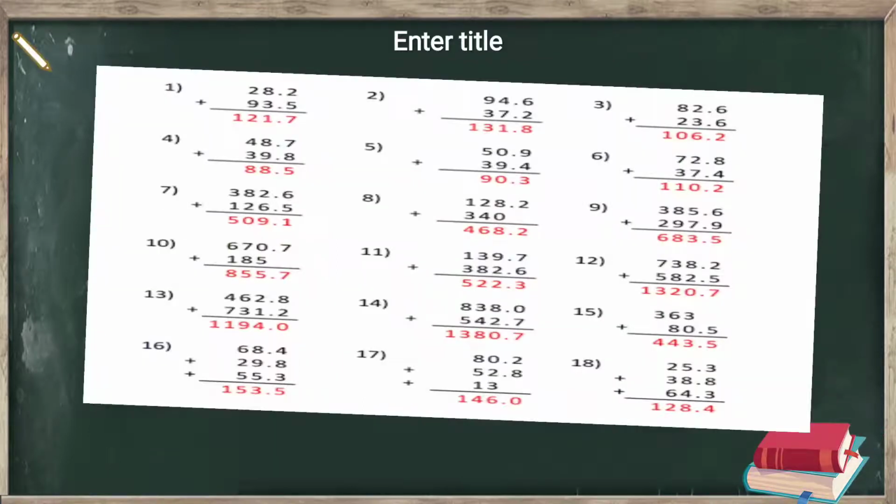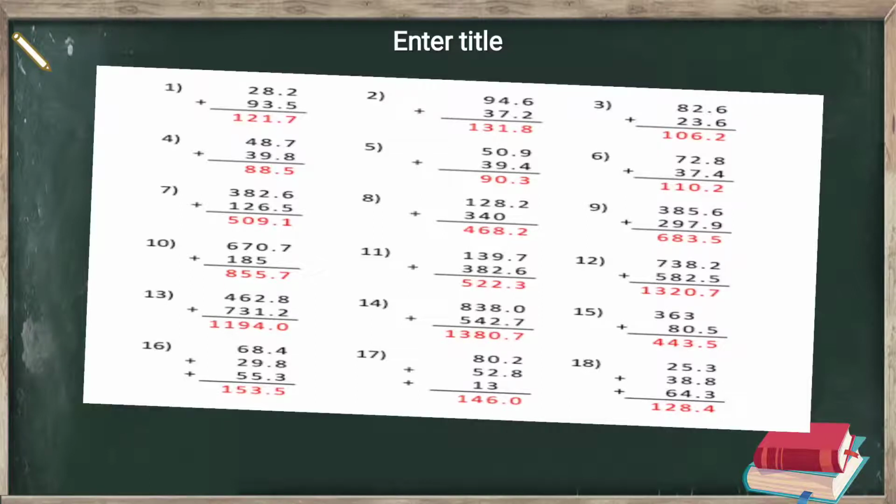Now moving ahead, here we have some solutions of the sums, as you can see. This is just for your revision, for explaining to you. In the number 1 sum, 28.2 and 93.5, we have lined up the digits very properly.